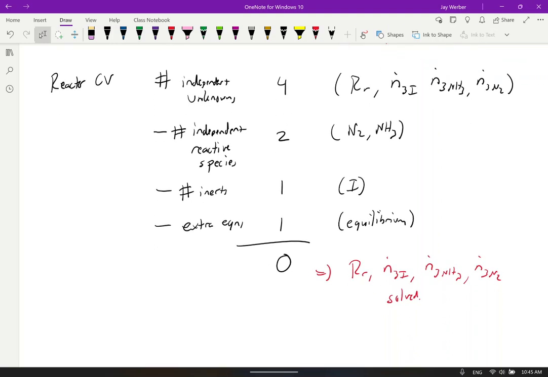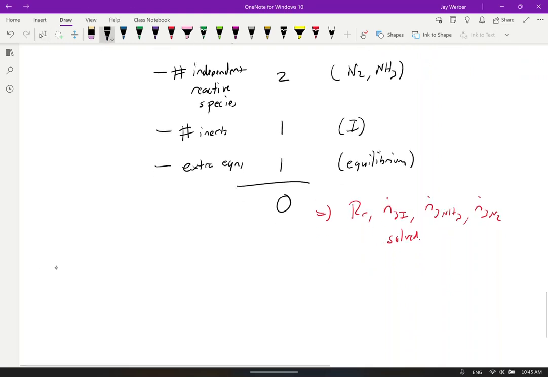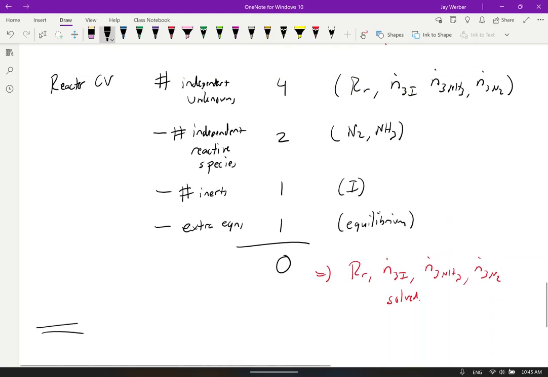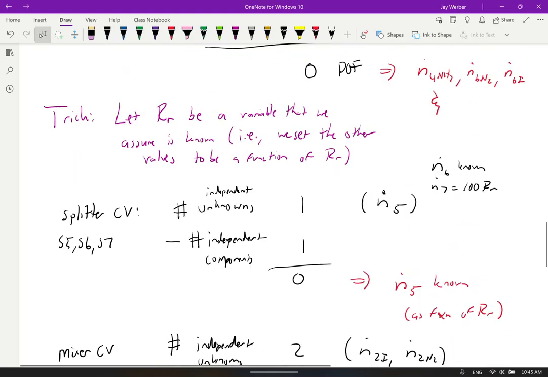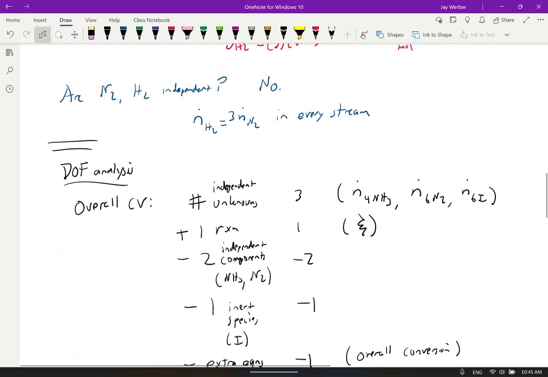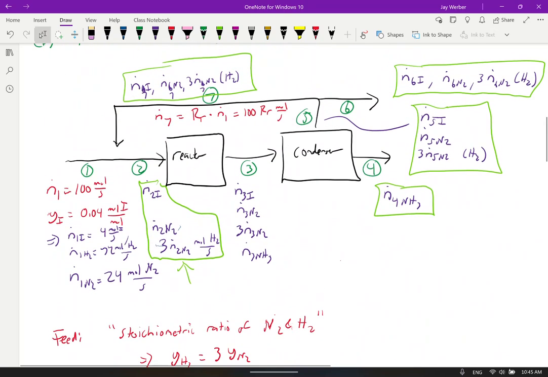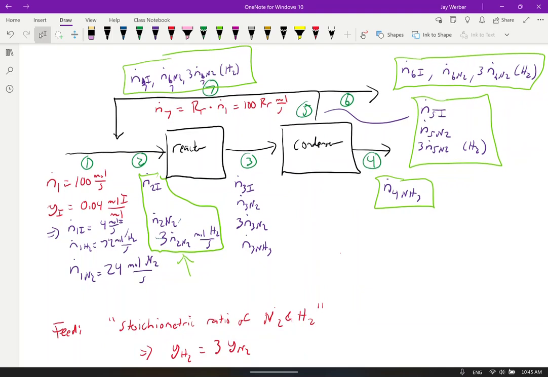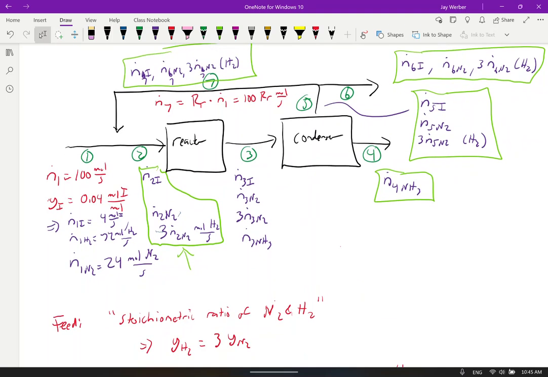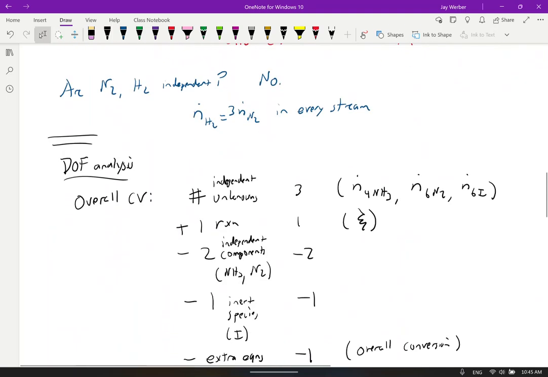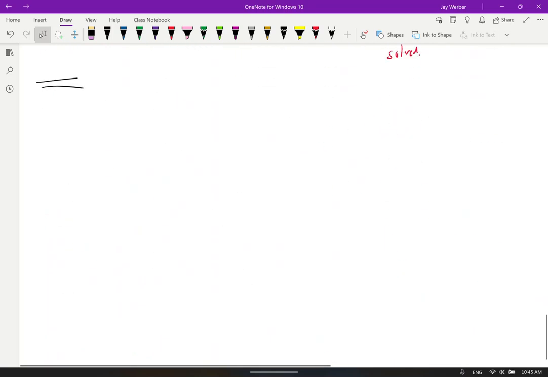So why don't we do the manual part first? And then we can do the rest in Excel. Okay? So let's do our balances. The easiest one obviously is the inert balance.